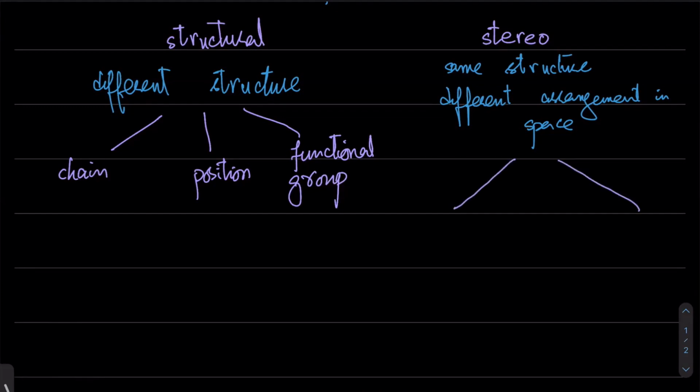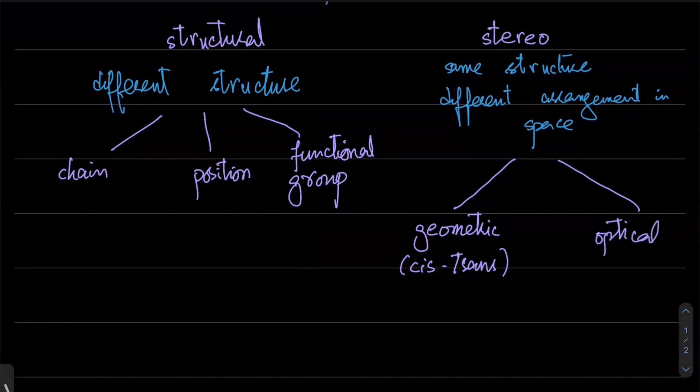One is called geometric, and those I call cis and trans. And the other one is optical. So we have these different ways isomers are going to present themselves. So क्या है? Structure, और उसकी 3 categories हैं: chain, position, functional group. And then stereo: geometric, optical.